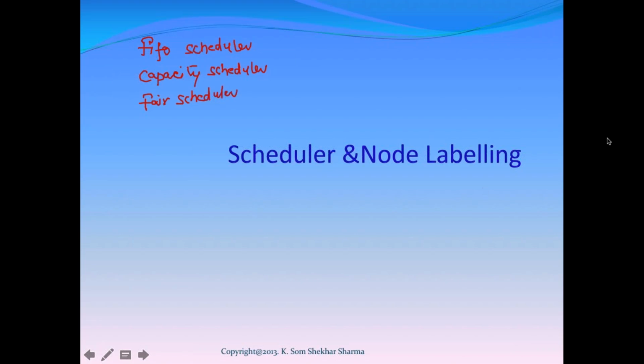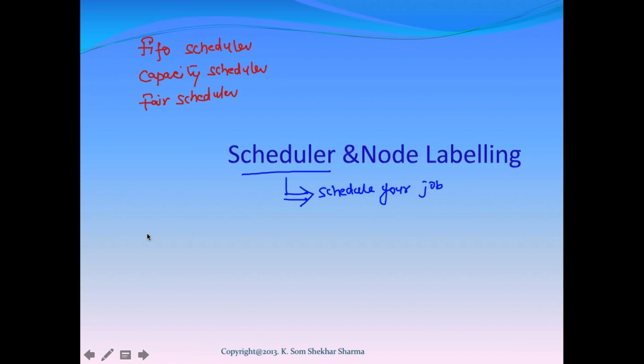The scheduler name itself suggests that you want to schedule your jobs. A best scheduler would be the one that gives an equal amount of resources to all of the jobs that are getting submitted.